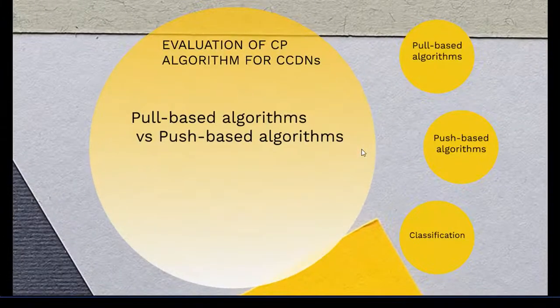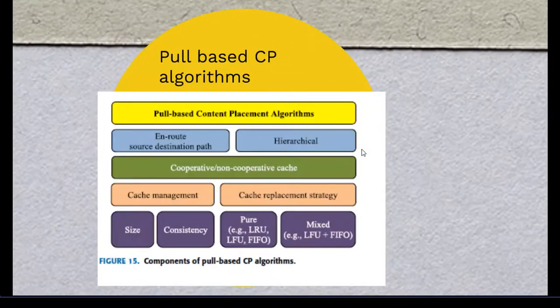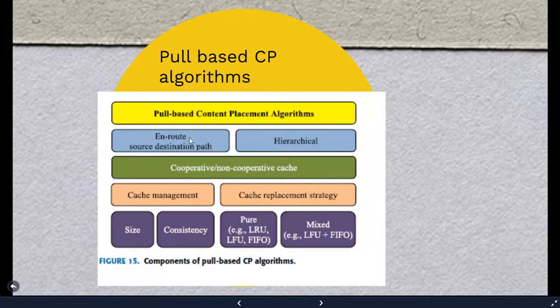So, how do you evaluate CP algorithms for cloud networks? As we talked about, there are two types: pull based and push based. Pull based algorithms have two components. The first one determines or gets the content en route from source to destination.